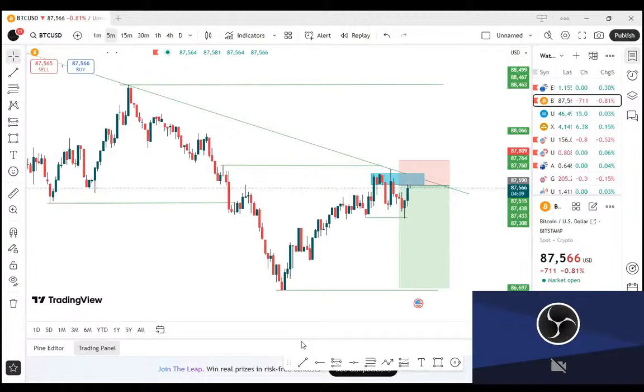809. Here's the stop loss target, 7809. And then modify it.